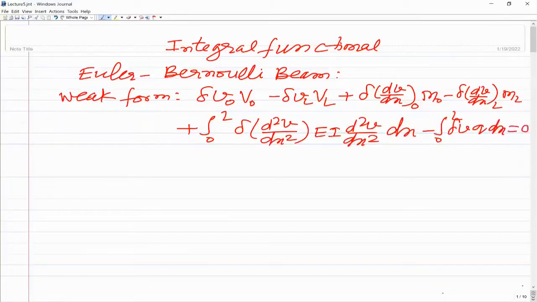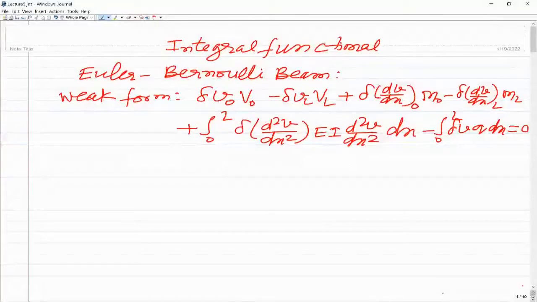To arrive at this weak form, rather than first taking the weight function as w and then taking w equal to delta v, you can from the beginning, for the purpose of deriving the integral functional, take w as delta v directly, and you will arrive at the same expression.